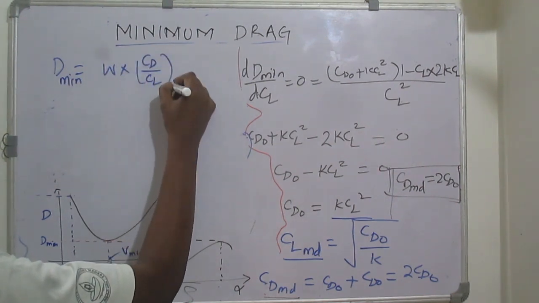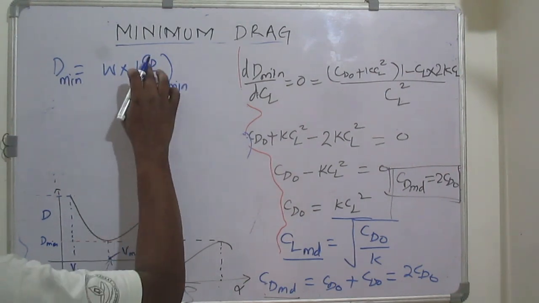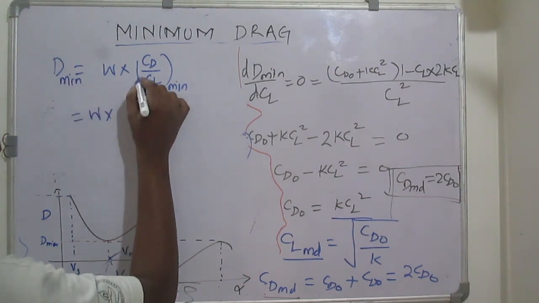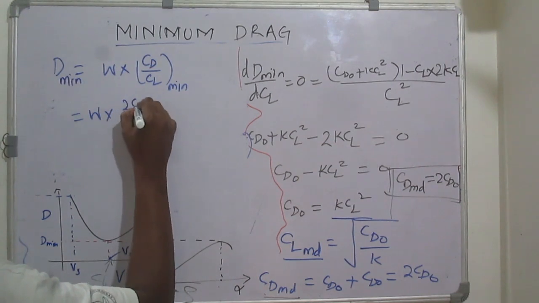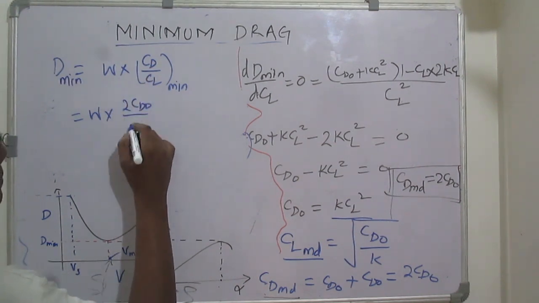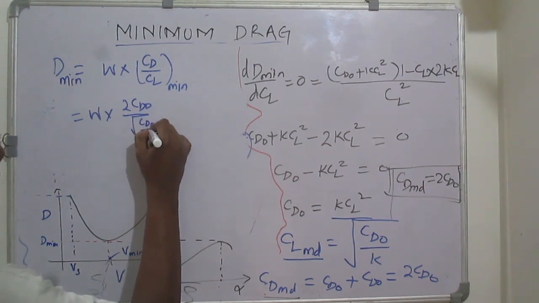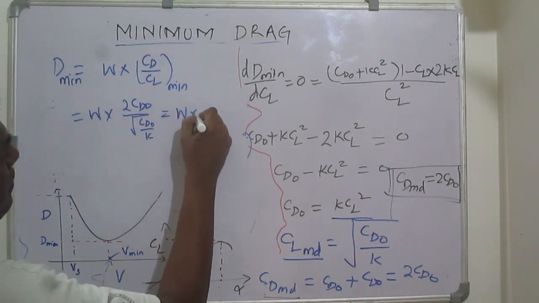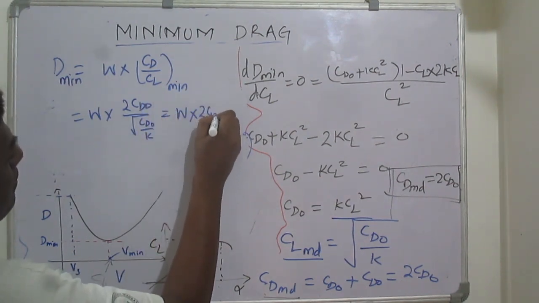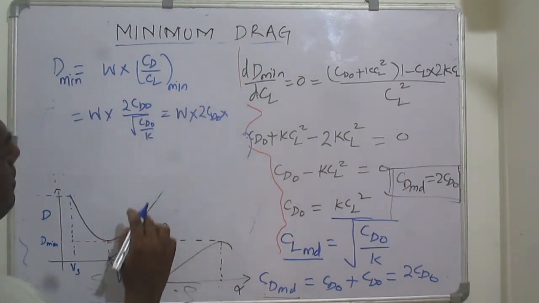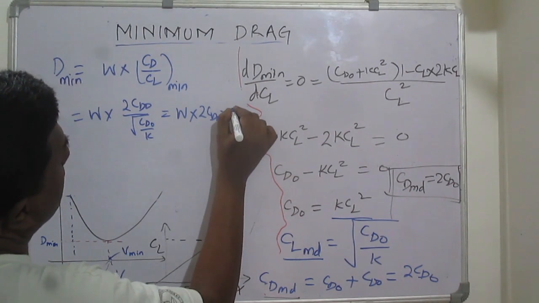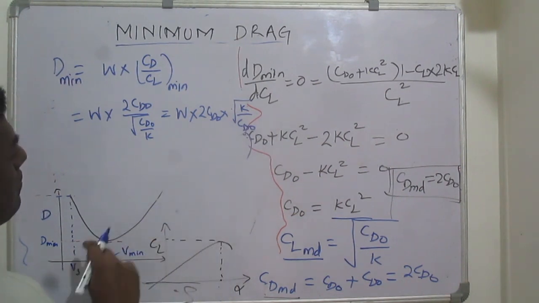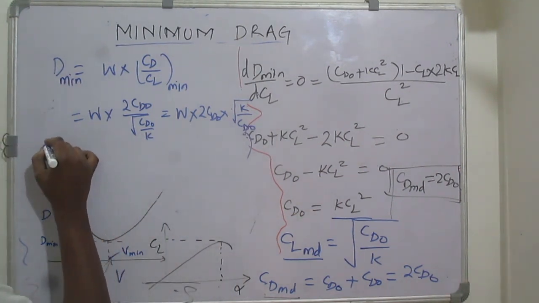So in this, we know the CD minimum and CL minimum, we can substitute and we get W into 2 CD naught, divided by the square root of CD naught by K. This we can bring up by reversing it, so we will get the square root of K by CD naught. Now this can be further simplified.